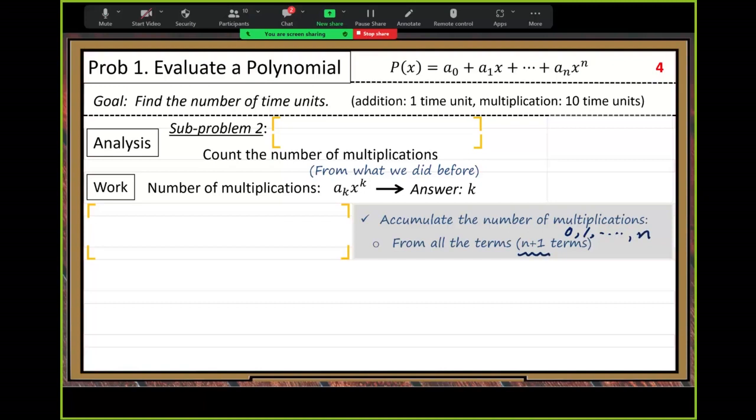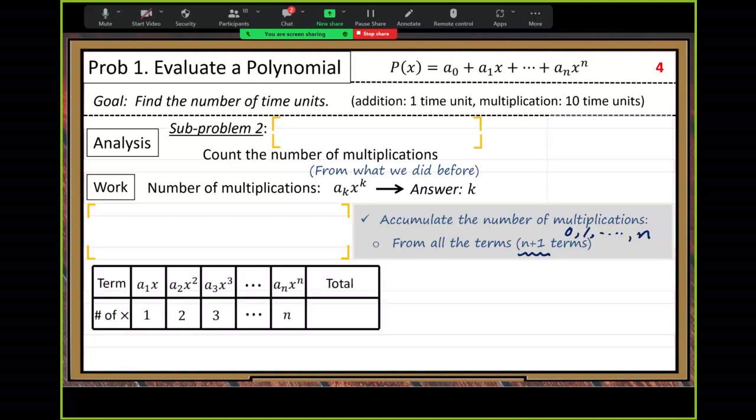But in the first term, a0, there is no multiplication, right? So the first term does not contribute any multiplication. We can skip it. Let me do a chart here.